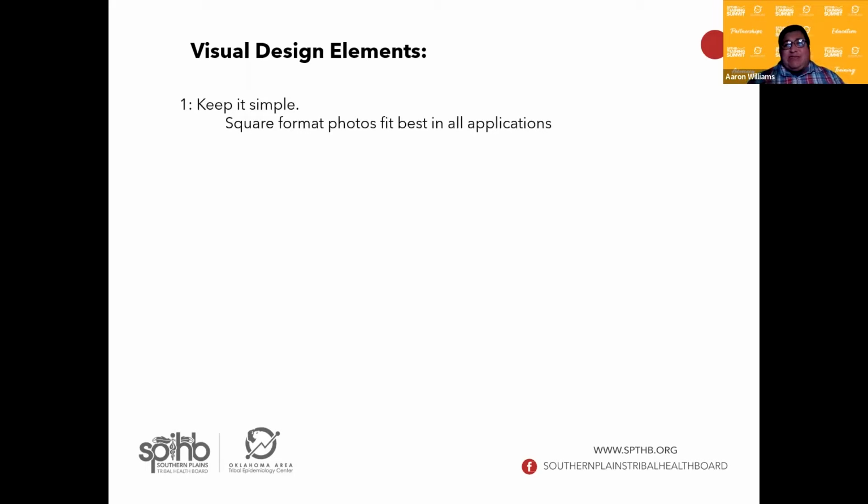First thing is you want to keep it simple. We're going to be showing a few examples of social media posts, good and bad, and in between, and things you can improve on. Even good social media posts can still be improved, unless it's a viral video or something to that effect.